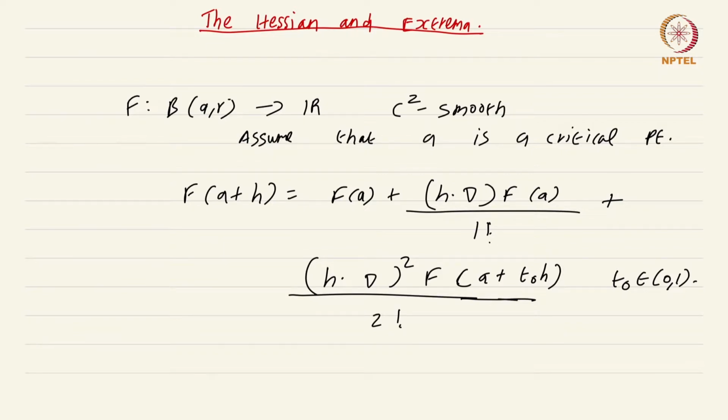I can approximate the value of f at the point a plus h using the value of h dot grad f at a plus this second order term h dot grad squared f of a plus t naught h, where t naught is a point between 0 and 1.